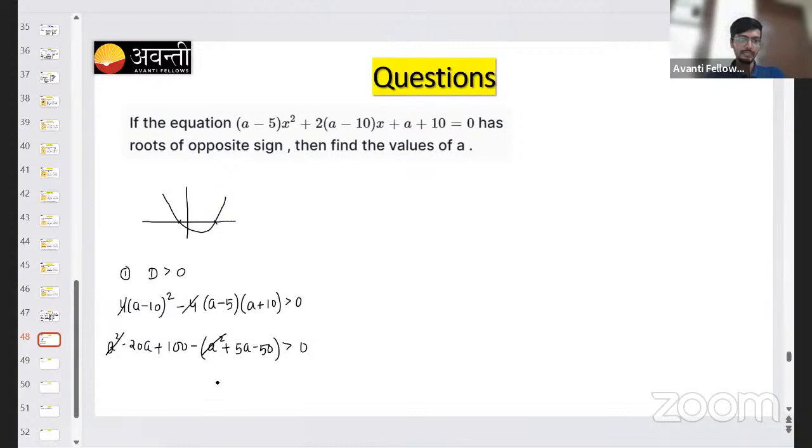So a square will get cancelled. I'll get minus 20a minus 5a minus 25a, 100 plus 50, 1 is greater than 0.